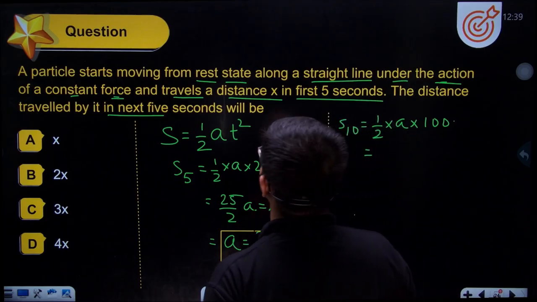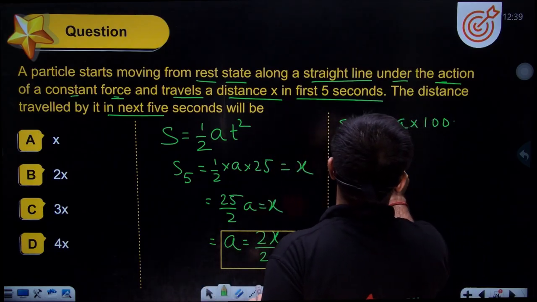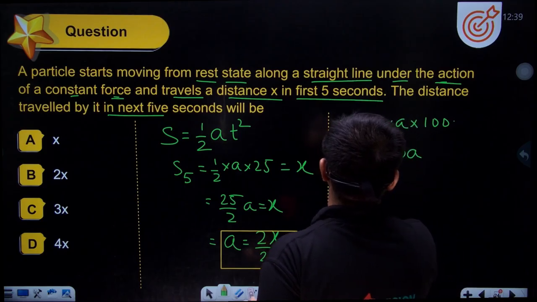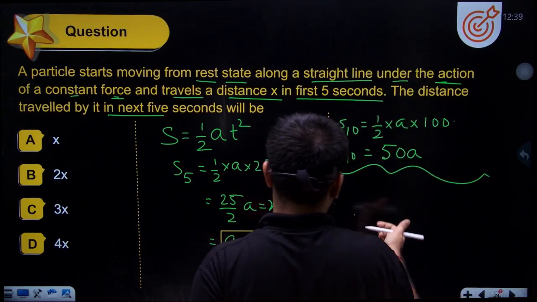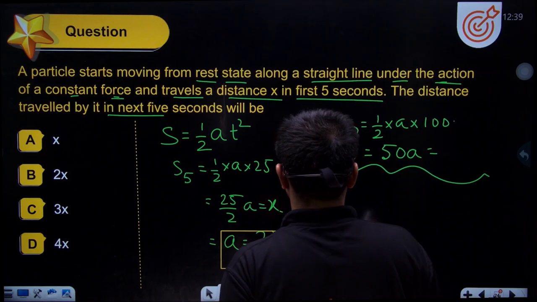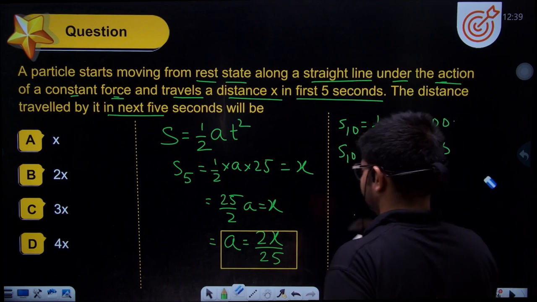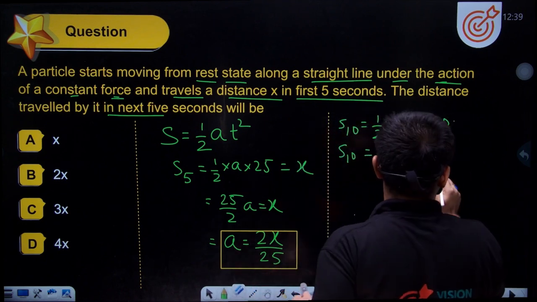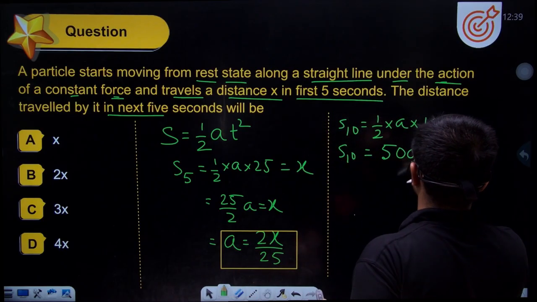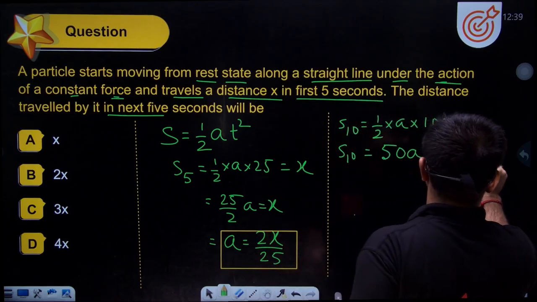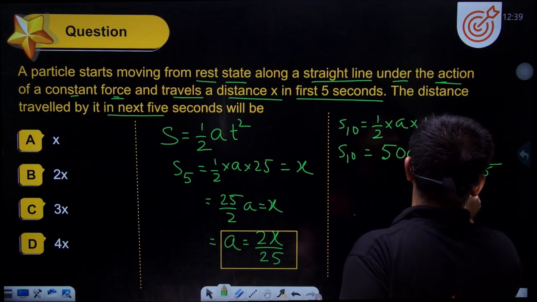So this is going to be 50a. 50a can also be written as 50 into a, which is 2x by 25, right? So you calculate that, it is going to be 4x.